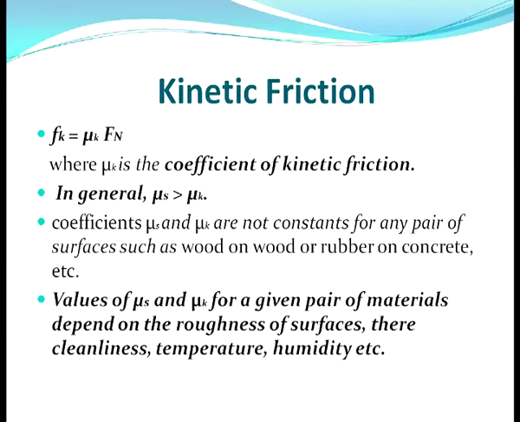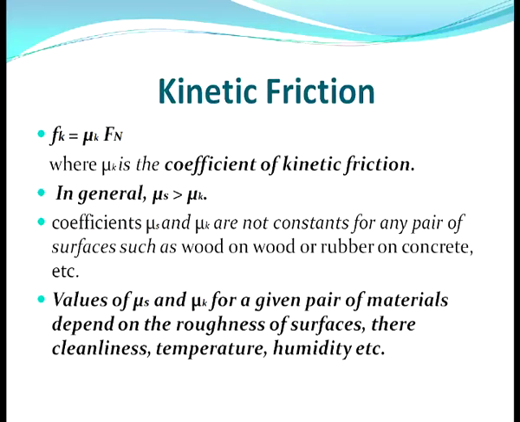In general, mu s is greater than mu k. That means the coefficient of static friction is greater than the coefficient of kinetic friction, and these two coefficients, mu s and mu k, are not constants for any pair of surfaces such as wood on wood or rubber on concrete, etc.